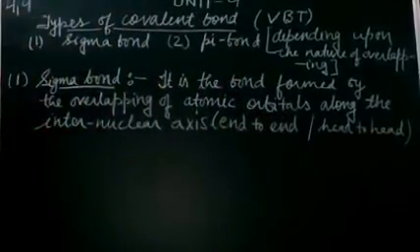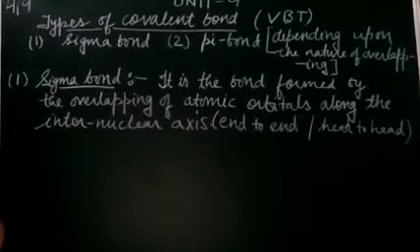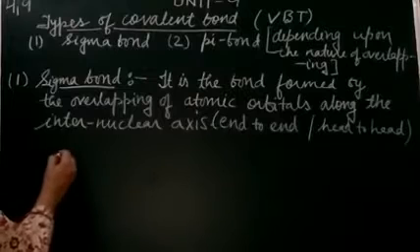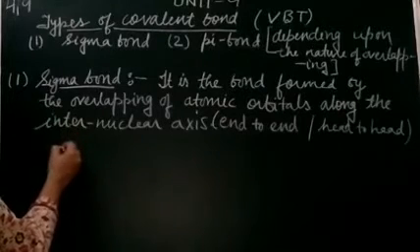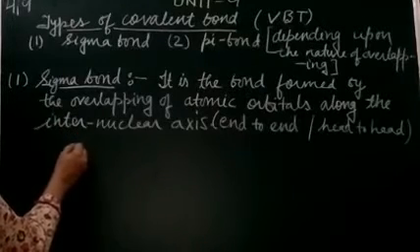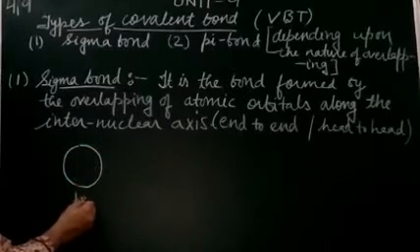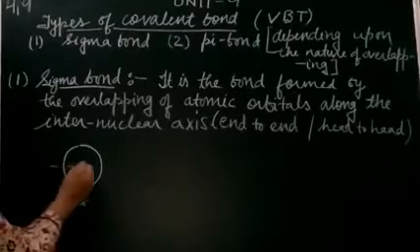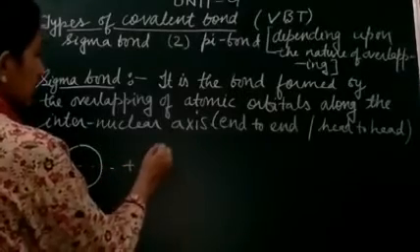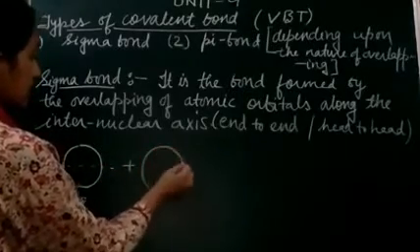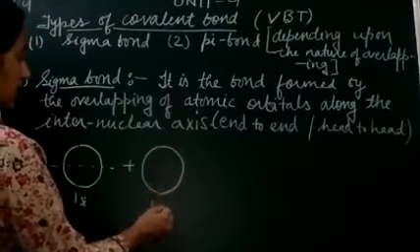right? Now students, let us take an example for the formation of the hydrogen molecule. Here we have hydrogen, the valence shell atomic orbital is 1s. This is the internuclear axis, this is the other.